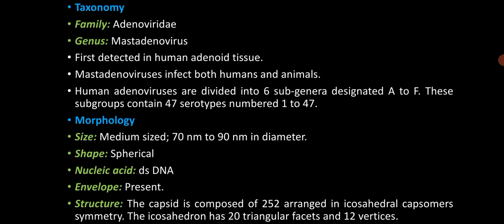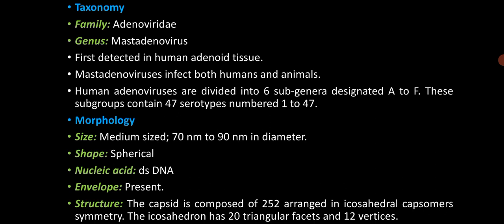The morphology of the adenoviruses: they are medium sized, about 70 to 90 nanometers in diameter, and spherical in shape. They possess double stranded DNA as the genetic material, and they are non-enveloped viruses.